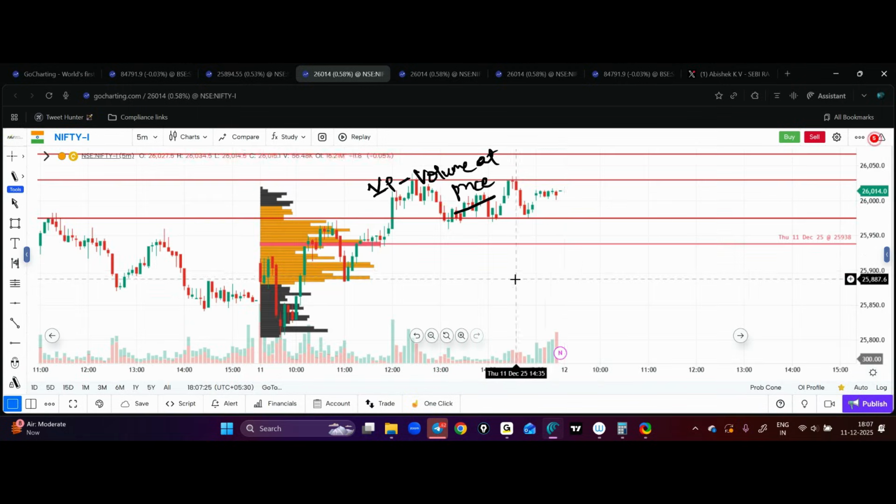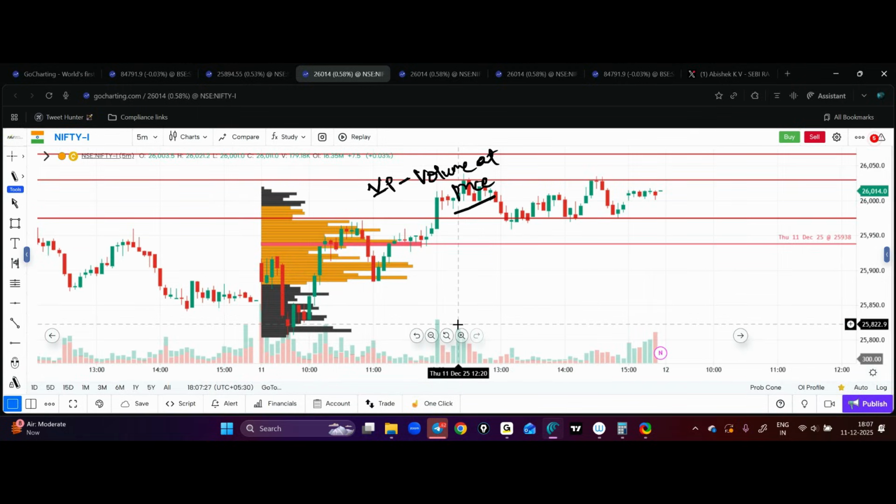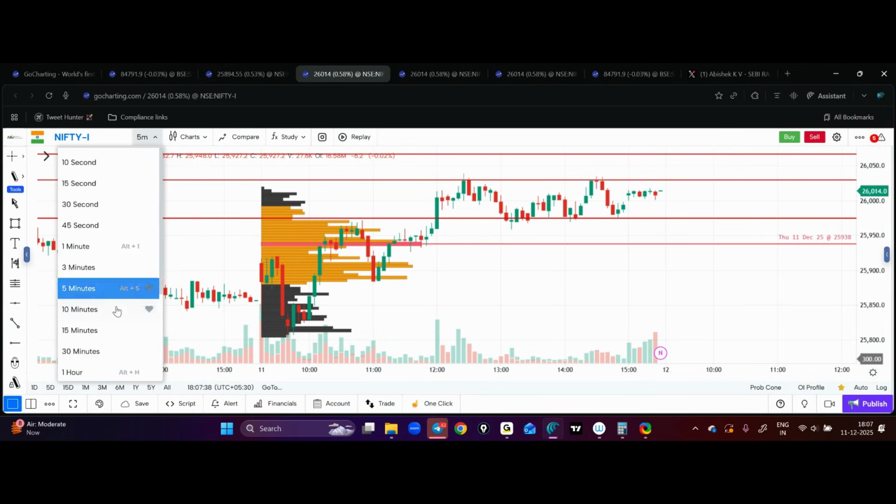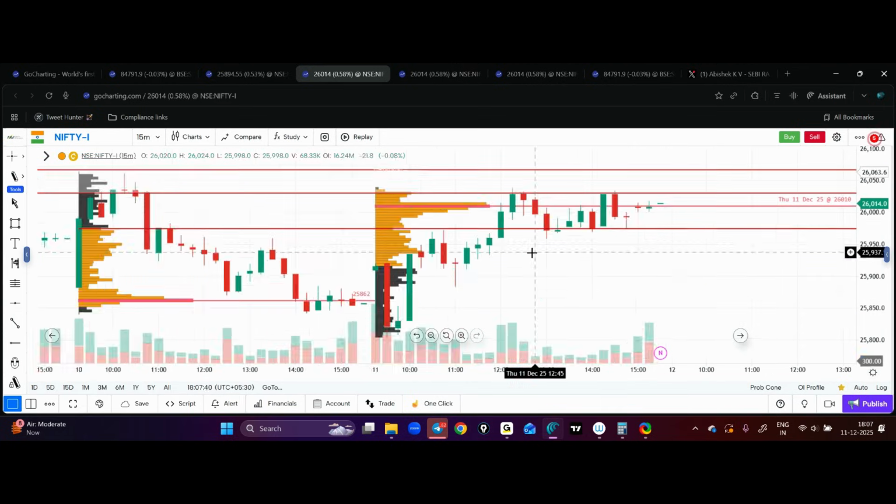This is your traditional volume indicator, right? This is your regular volume indicator that tells you how much quantity of a particular stock or futures has been traded on a particular candle. If you go to 15 minutes, you see that the volume on this bar, for example, is 5,90,000, and then 4,65,000.